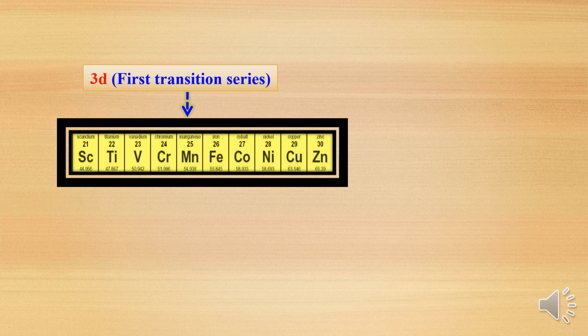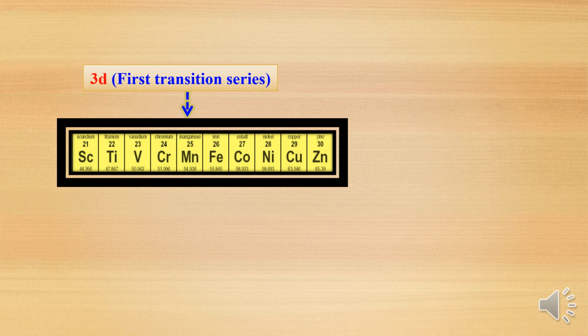In the 3d series, the atomic numbers are 21 to 30. 21 is scandium, 22 titanium, 23 vanadium, 24 chromium, 25 manganese, 26 iron, 27 cobalt, 28 nickel, 29 copper, and 30 zinc. So these are the 3d series or first transition series.